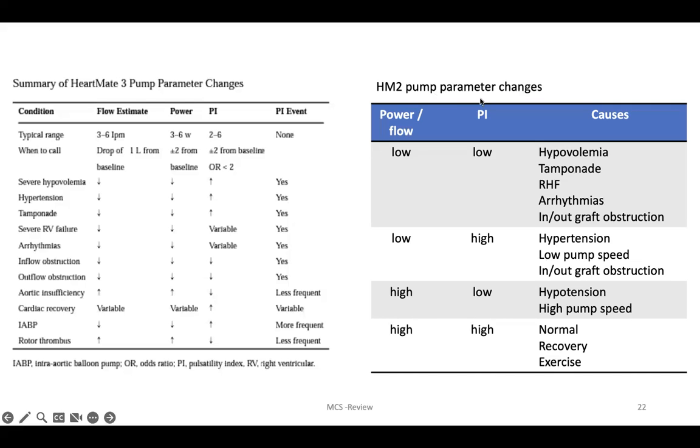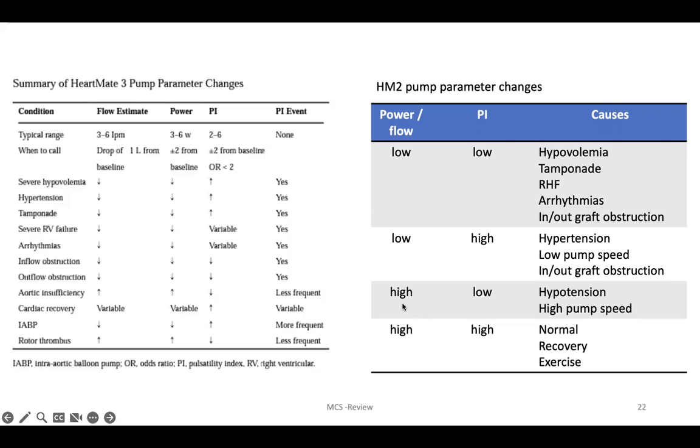It's a little bit easier with the HeartMate 2. It's a little bit more intuitive. So if you have, let's say, a low flow and a low PI, usually you think about hypovolemia, tamponade, right heart failure, arrhythmia, or graft obstruction. If you have a low flow with a high PI, it's more likely hypertension, low pump speed, or inflow or outflow graft obstruction.